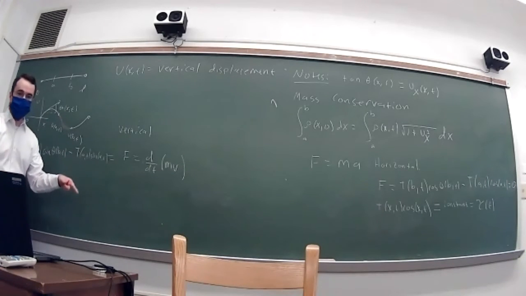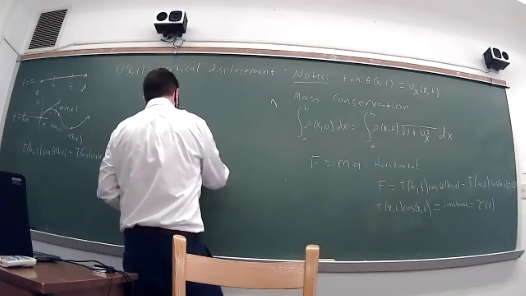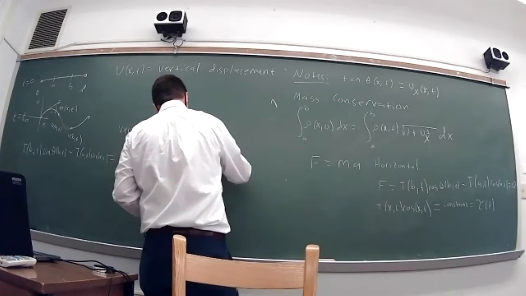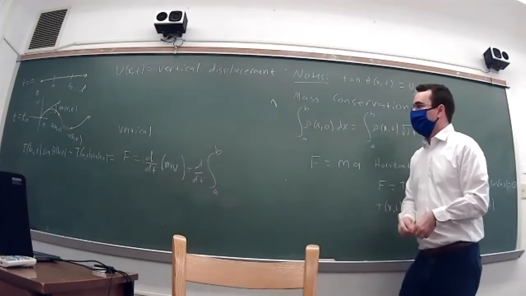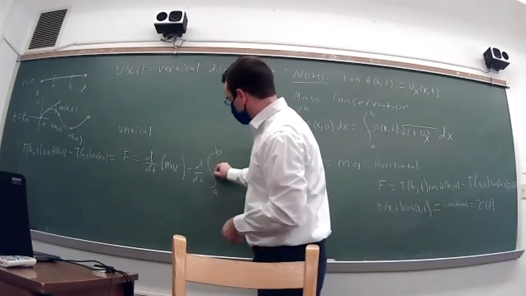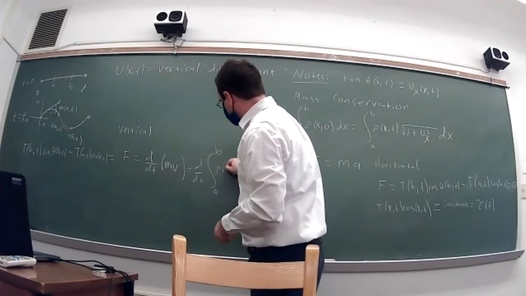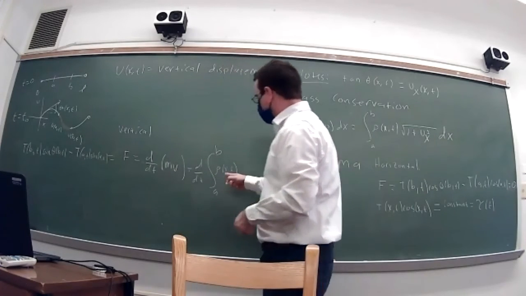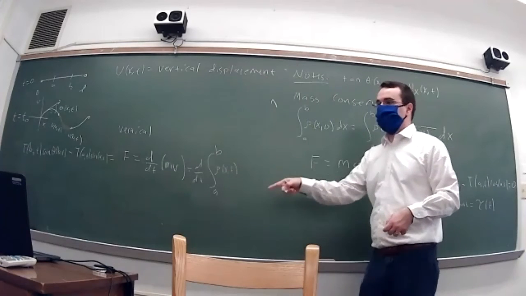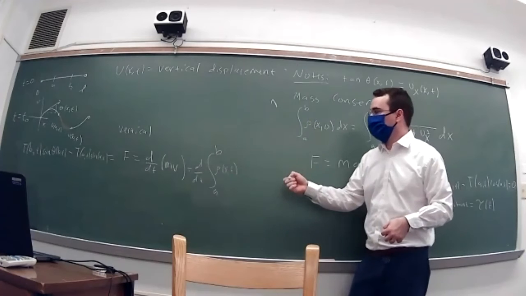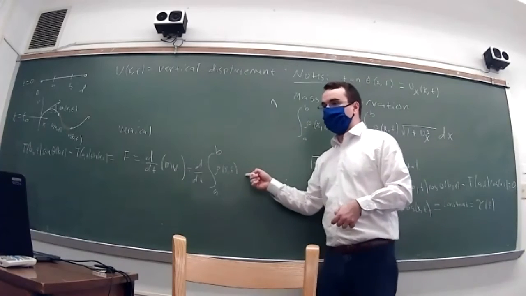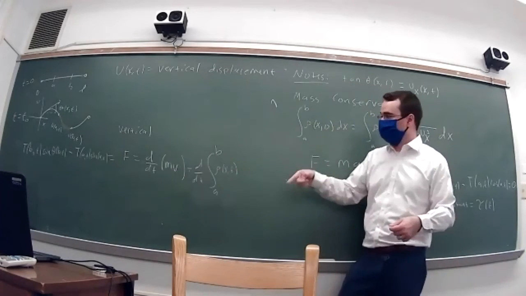So I want to take the derivative of the total momentum. So I should integrate from A to B, and I'm interested in density. So instantaneous mass, if you like, is density times instantaneous velocity. So you multiply them together at the infinitesimal level and then integrate.